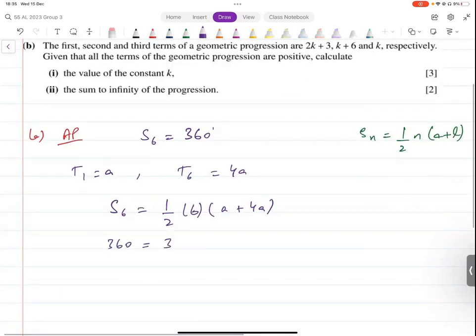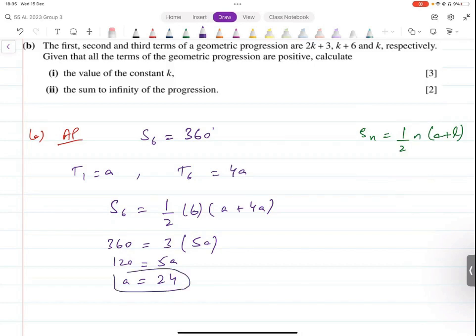So we simplify this, we get 3 into a plus 4a, which is 5a. ठीक है, that gives us 120 equals 5 times a, की वैल्यू आपके पास आ जाती है 24. So the smallest angle therefore is 24. This is your smallest angle in that arithmetic progression.